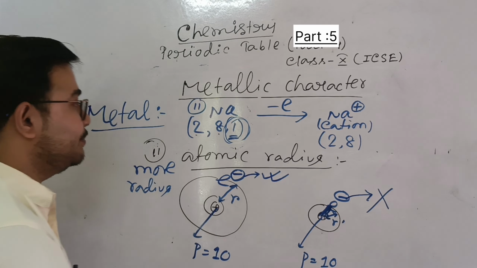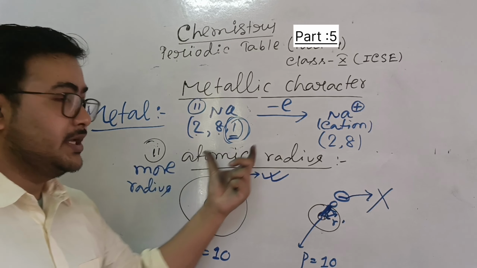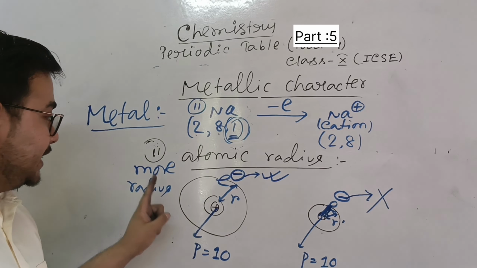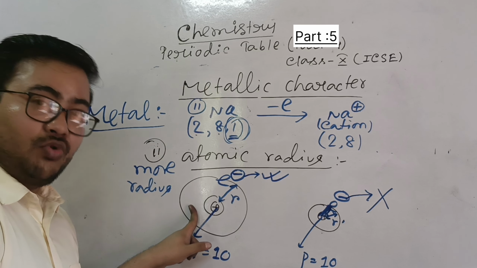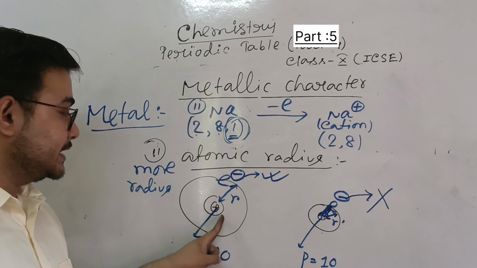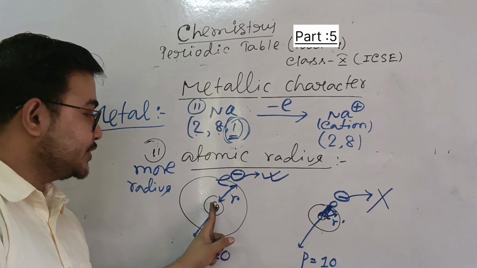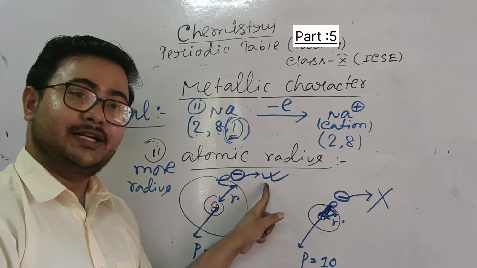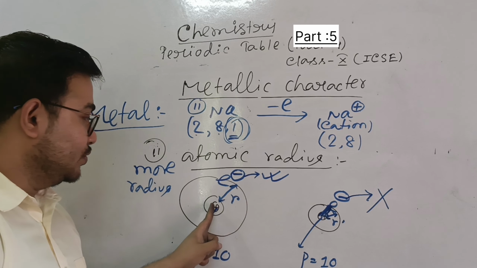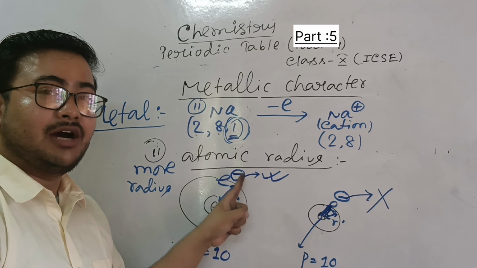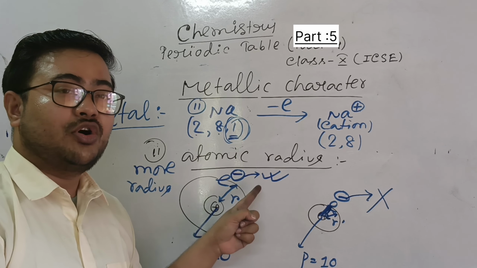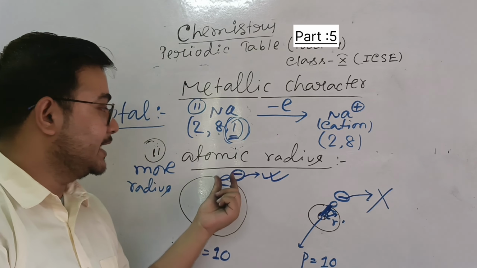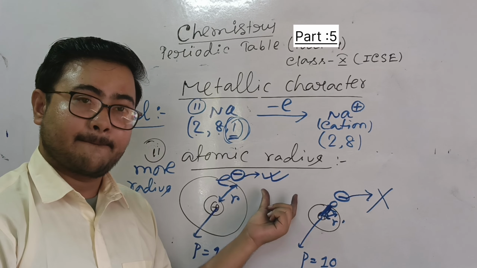So write down the second point. What is the second point? Atomic radius. If the atomic radius is more, the distance of the nucleus from the outermost electron increases, and the nucleus cannot attract the outermost electron with strong nuclear force, so we can easily remove an electron.